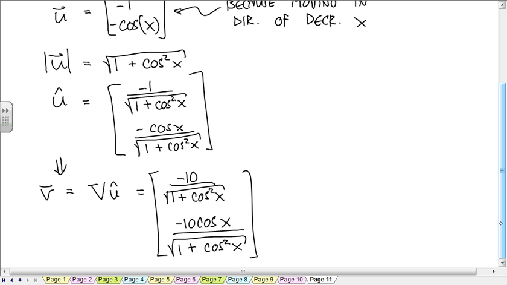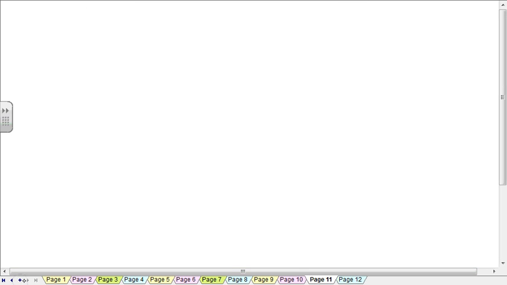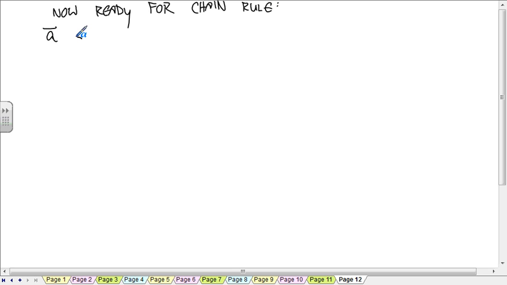Okay, so now we're ready for the chain rule. We know that the acceleration is equal to the derivative of the velocity vector with respect to x times the x component.